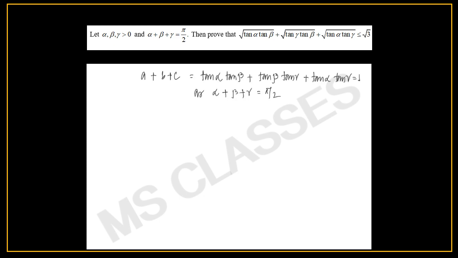And therefore what we get is root A plus root B plus root C is less than or equal to root 3, which is the required expression.